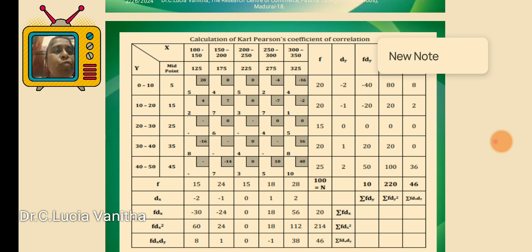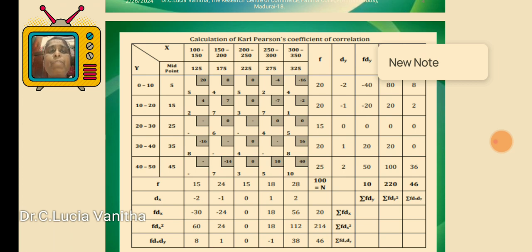Then 6 plus 4 plus 5 is 15. 8 plus 4 plus 8 is 20. 7 plus 3 plus 5 plus 10 is 25. Similarly, f for the column wise, that is for the x variable: 5 plus 2 plus 8 is 15, and 4 plus 7 plus 6 plus 7 is 24. Like this we find f. Your f will be the same for both sides, x as well as y.